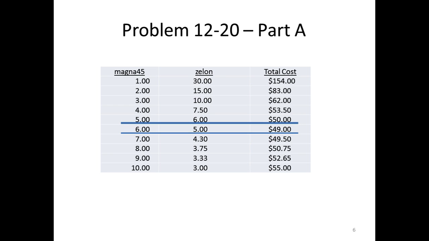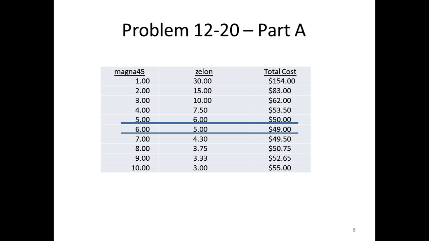Now the question itself contains a schedule of how much of the combination of Magna and Zelon is needed to make 1 batch of Zerton. You should note that there has to be some of each raw material in the batch.